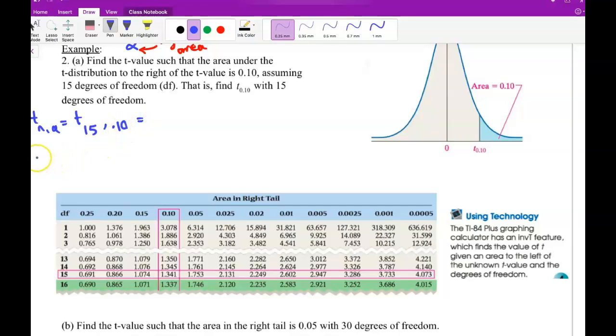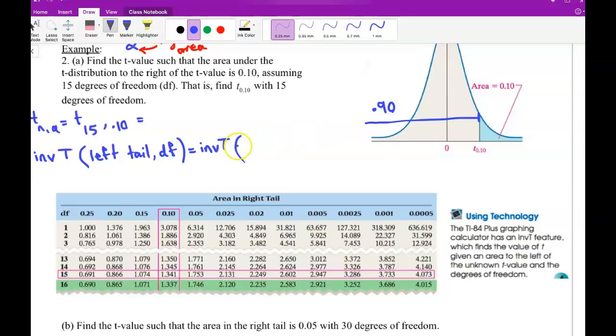So that is equal to, using the calculator, we should use inverse t. On this part, I should use left tail, comma, degree of freedom. So what that means here, in inverse t, the area is not 0.10. Because this is the area to the right, we have to use what we have to the left. Here the area is 0.90 or 90%. And degree of freedom is 15.